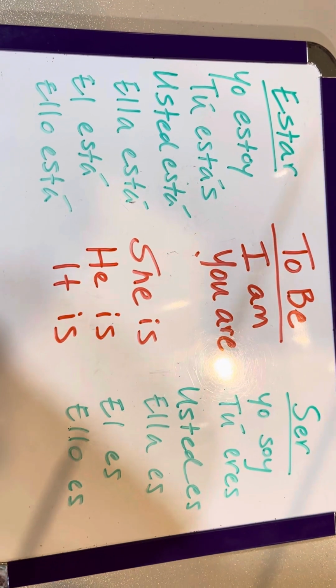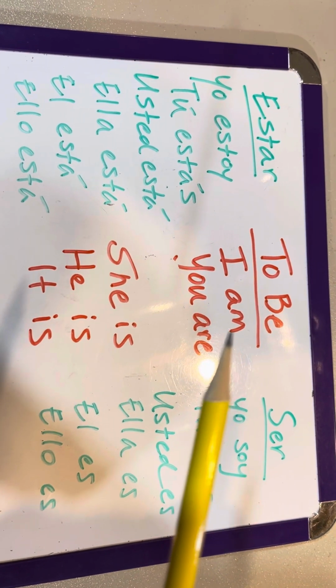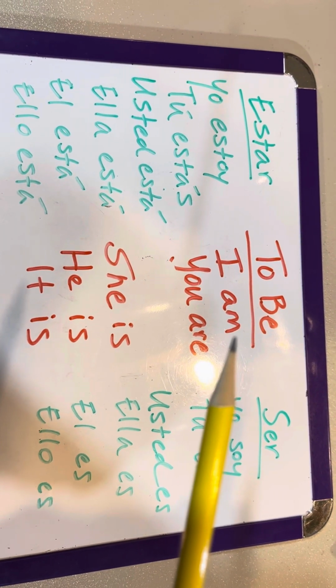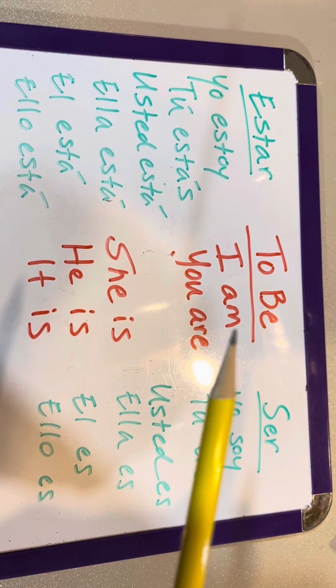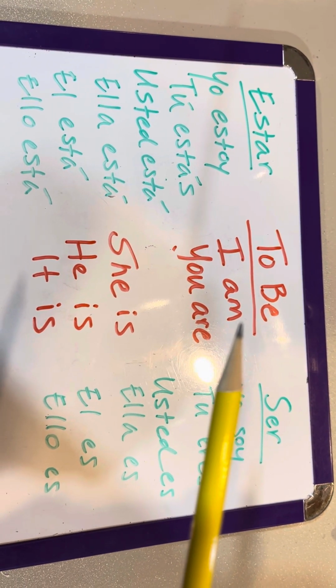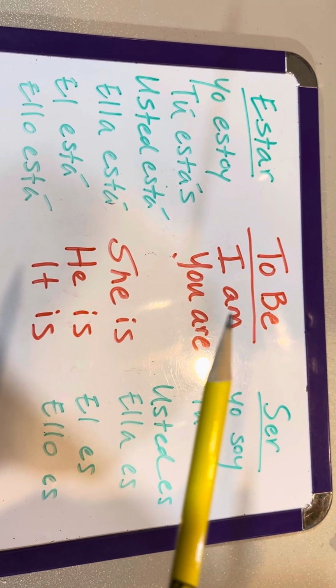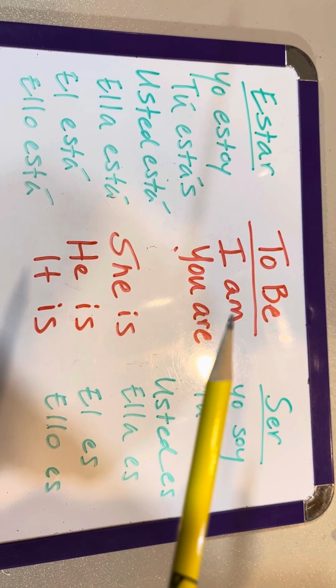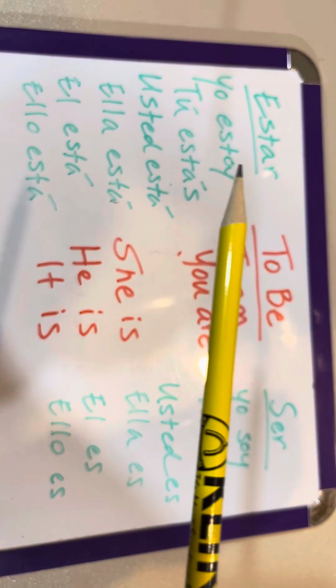So I would be using this: I am happy, estoy contenta. I am here, location, estoy aquí. It's also used in conjunction with the ing verb, which we will learn adelante. But for right now, it is a temporary situation.